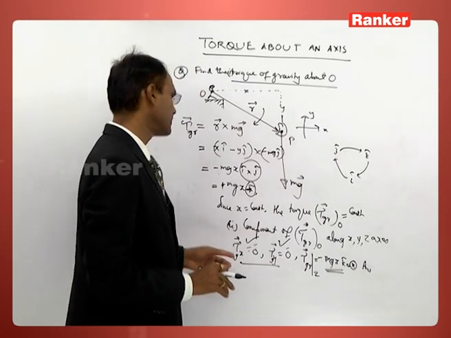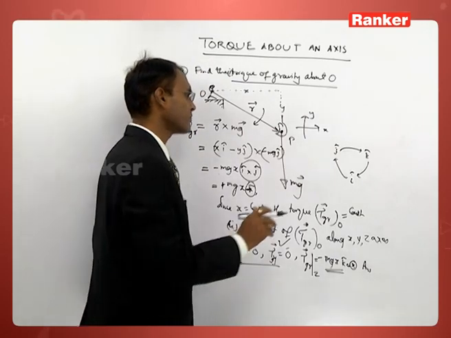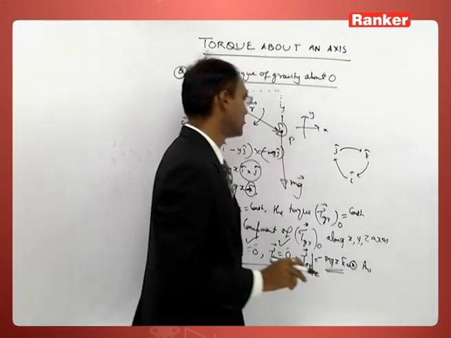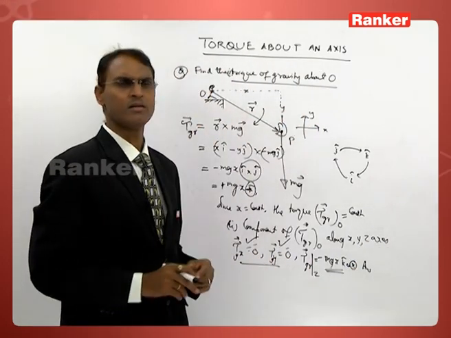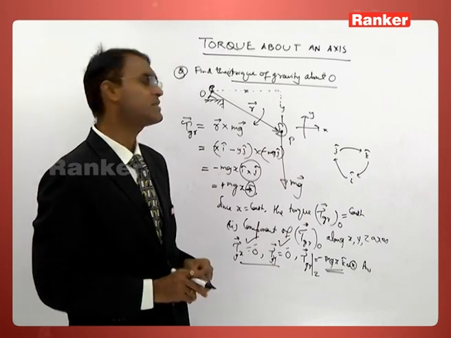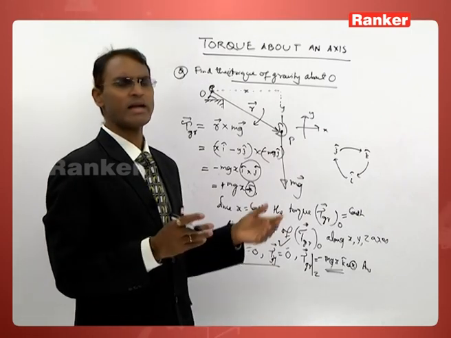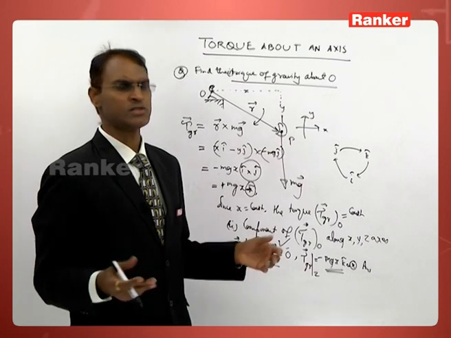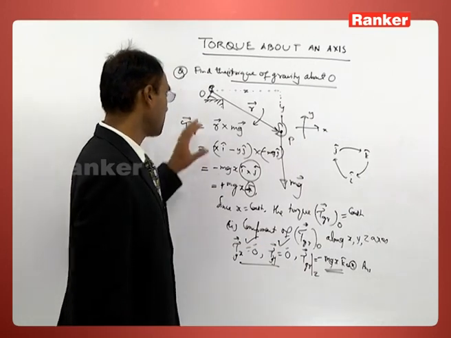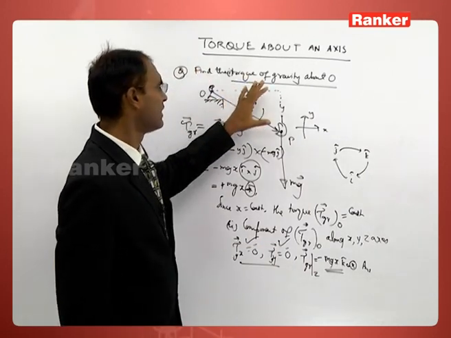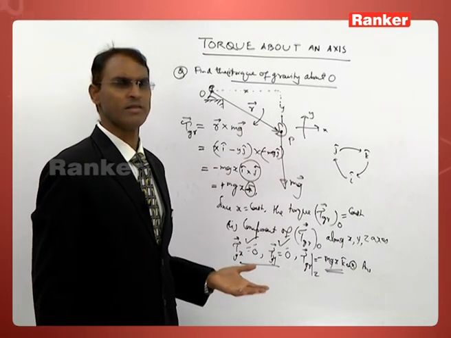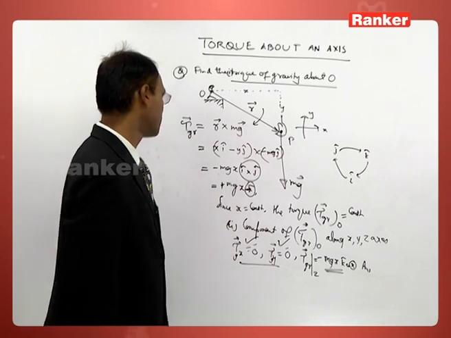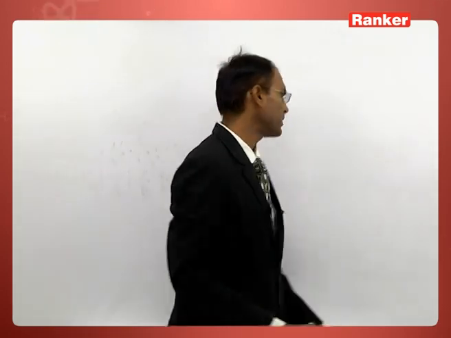You can say that the vector is completely aligned along a particular axis, and along the other two axes its component is 0. So torque about an axis can also be equal to torque about a point in this case. Let us take another example.